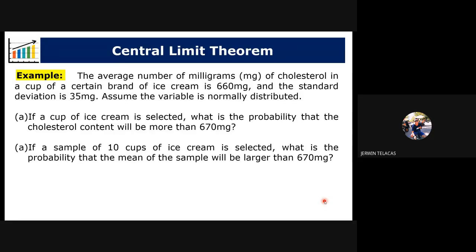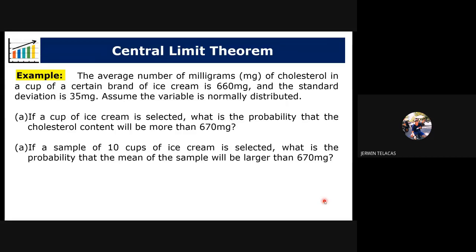Instead, we are merely looking for the probability when we try to get 1 cup of ice cream. But in question letter B, there's a sample. Okay? And what's the sample size? 10 cups of ice cream. Now, if we take the average number of milligrams of cholesterol, what is the probability that the mean of this will be larger than 670 milligrams? So that's the difference between the two questions. The first has no sample. The second has a sample.